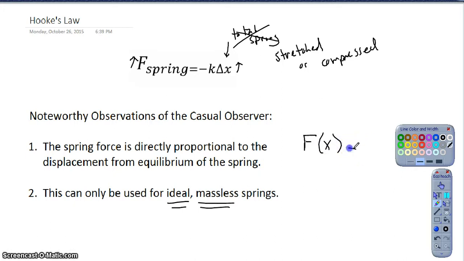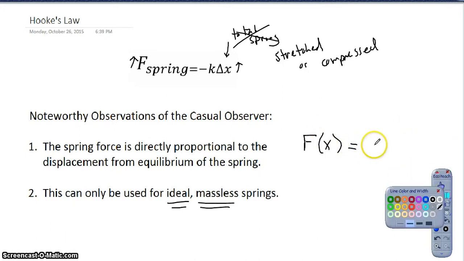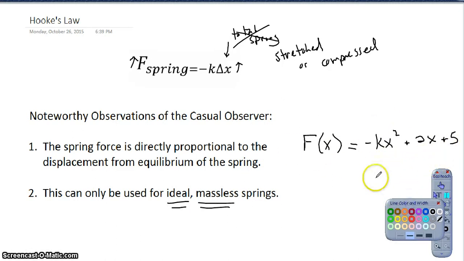So they may say that f of x equals some function. Maybe instead of negative kx, it's negative kx squared plus 2x plus 5. So they'll give us some function, and then you have to be able to use this function and use some calculus to find the information we want. So that is something to keep in mind as well. It's not always just k times x, but most of the time it will be.